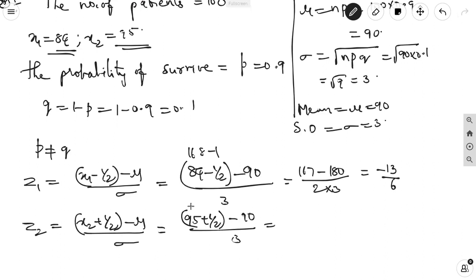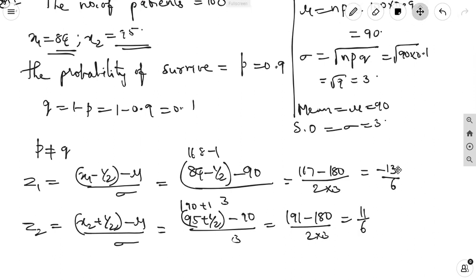Again taking the LCM, 190 plus 1 is 191, minus 180, by 2 into 3. It is equal to 11 by 6. This is the Z2 value.